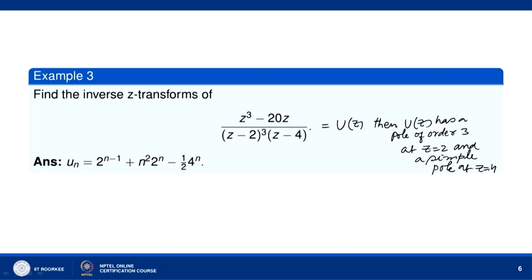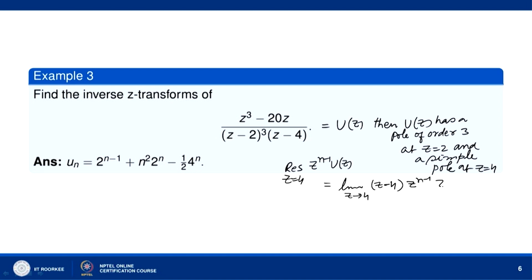Okay. So, we will find the residue of z to the power n minus 1 into U(z) at z equal to 4, which is a simple pole. This will be limit z tends to 4 of z minus 4 into z to the power n minus 1 into U(z).